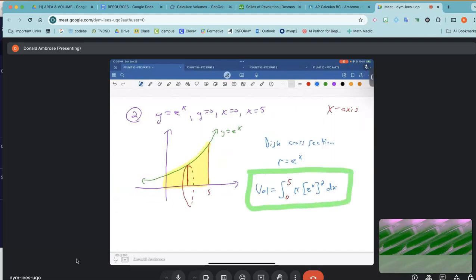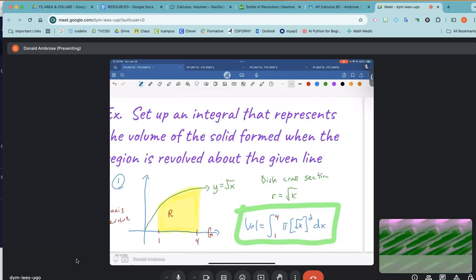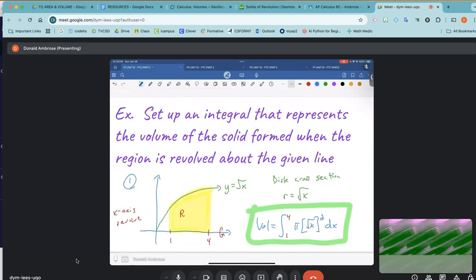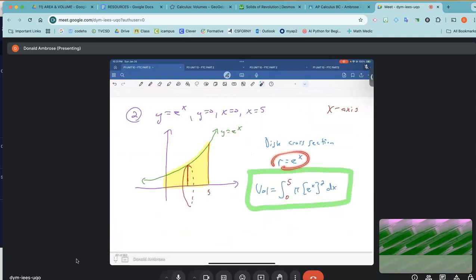In example number 2, and even the problem before that, the cross sections were vertical, and we found the respective radii in terms of x.